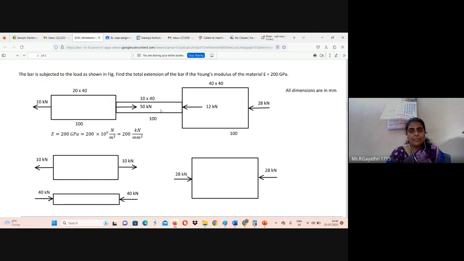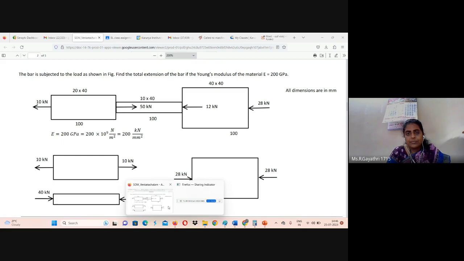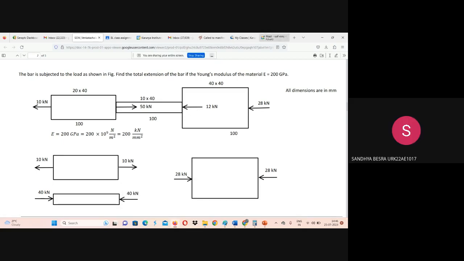Okay, we can see some load. Can you check and tell me whether the loads are uniform? Sandhya, can you check and tell whether the loads are the same from the first section to the third section? Are you listening, Sandhya? Yes, ma'am.